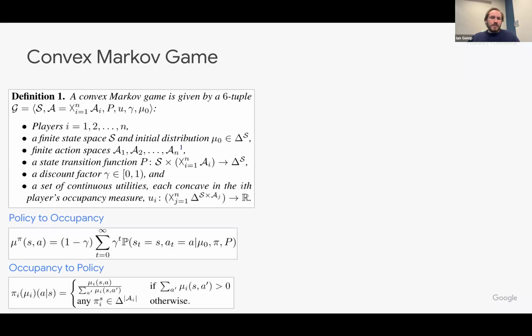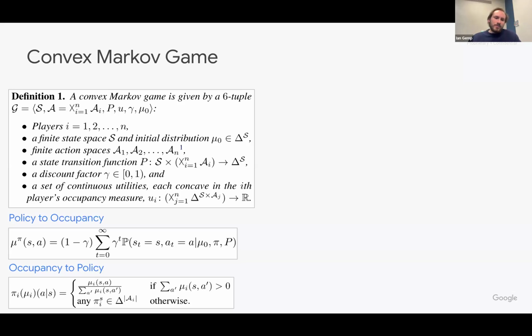So to go from a policy to an occupancy measure is direct. You can just think about rolling out that policy, and then keeping track of the counts of when you're in each state taking each action, and then normalize effectively. Doing the reverse direction, you don't necessarily have a one-to-one mapping.